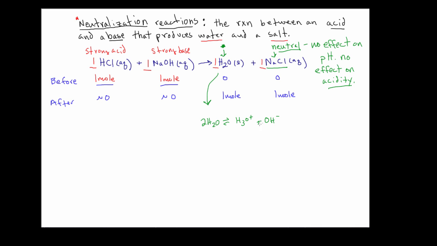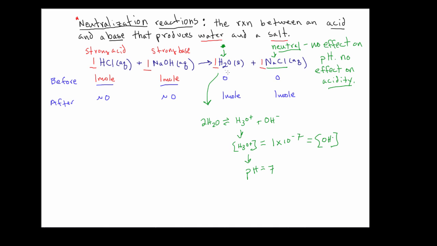And we learned that in pure water, the concentration of H3O plus is equal to 1 times 10 to the minus 7th. And the base is also equal to the same concentration. So the main point is that the pH of water is equal to 7. So the pH is equal to 7.